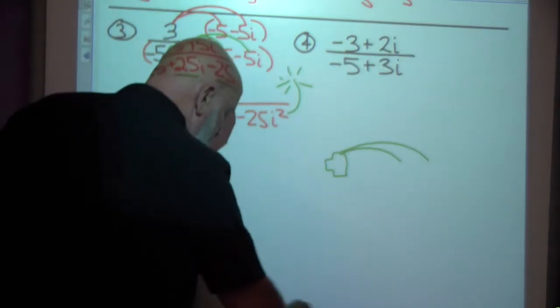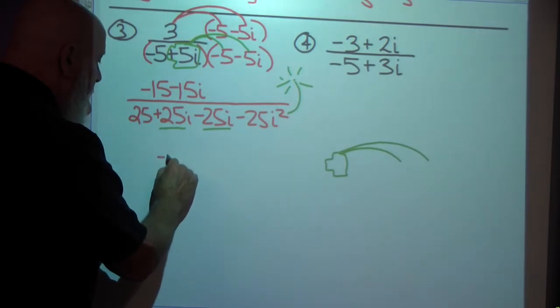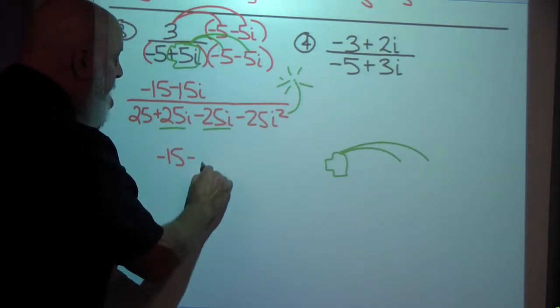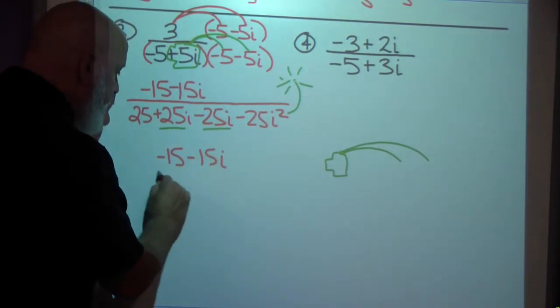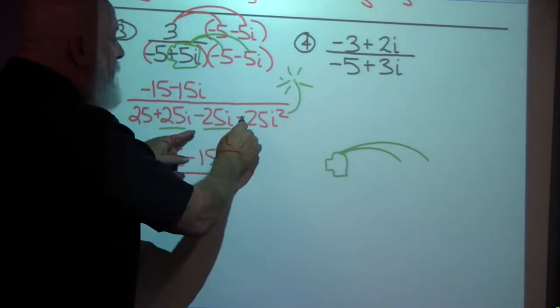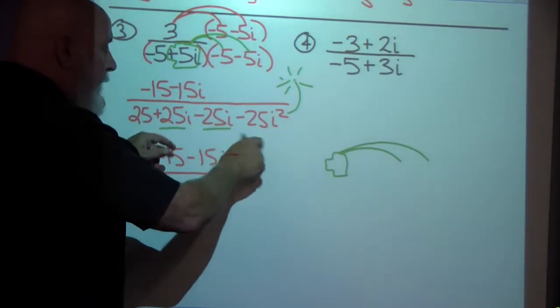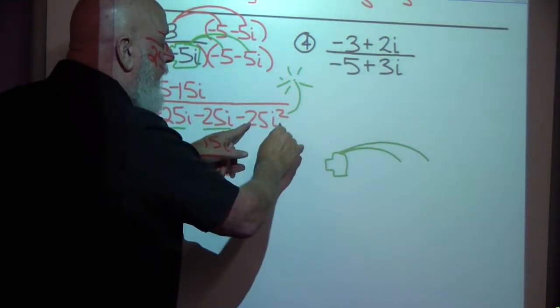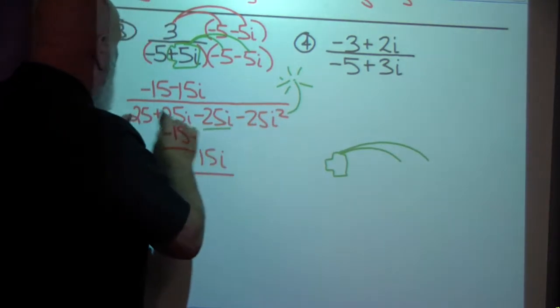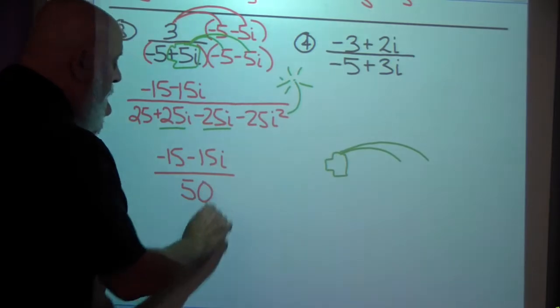So in the top of this fraction, I wind up with negative 15 minus 15I. Excuse me. And in the bottom, I wind up with 25 minus, because this is just a fancy 0 here, 25I minus 25I, minus 25 times negative 1. Well, that's plus 25. So I've got 25 plus 25, that's 50.